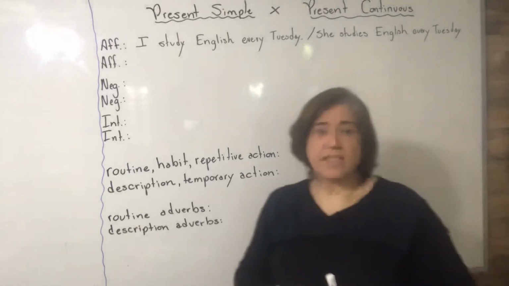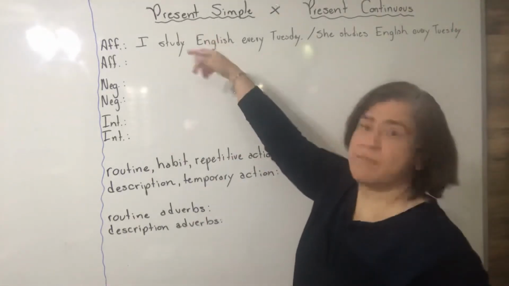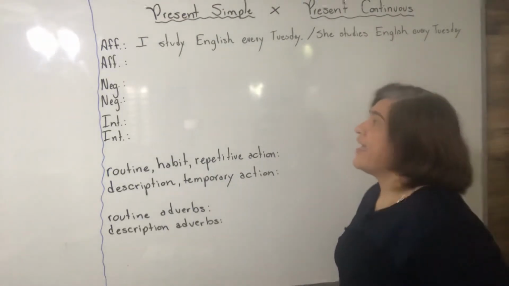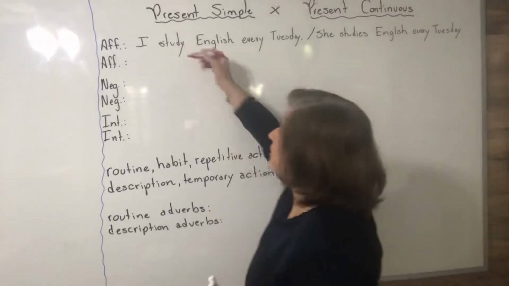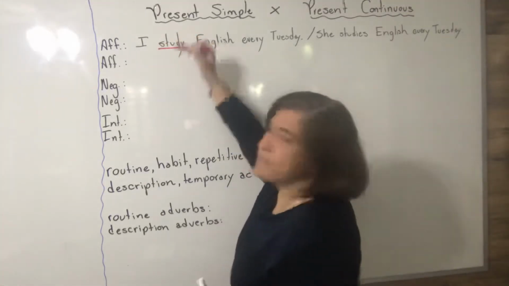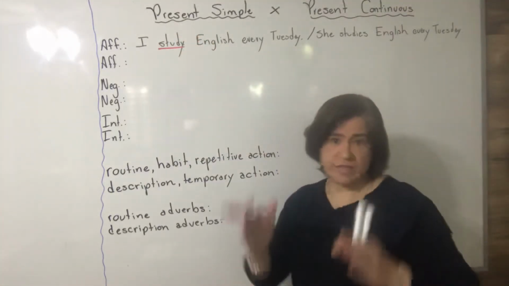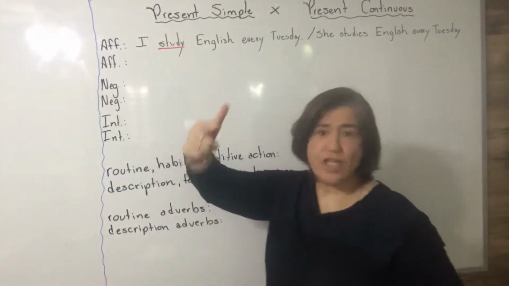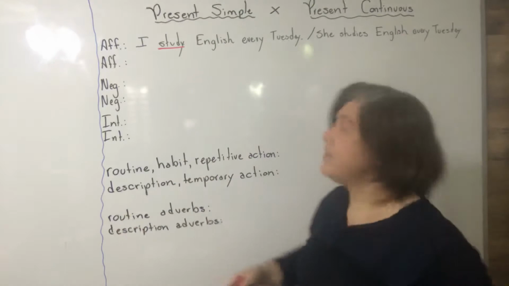Okay, in simple present or present simple, we have the verb in the basic form. Remember, the list of verbs is the infinitive, no to, for the person I, you, we, they.